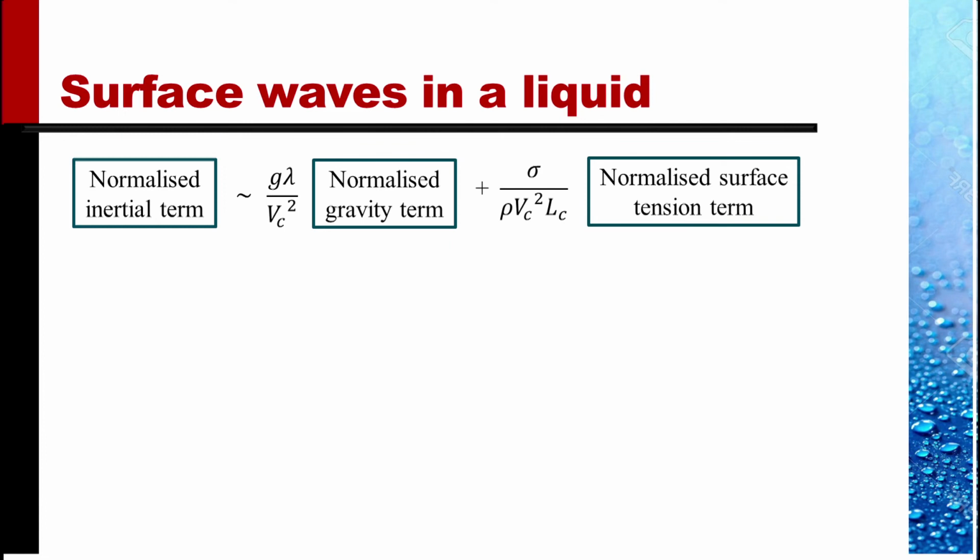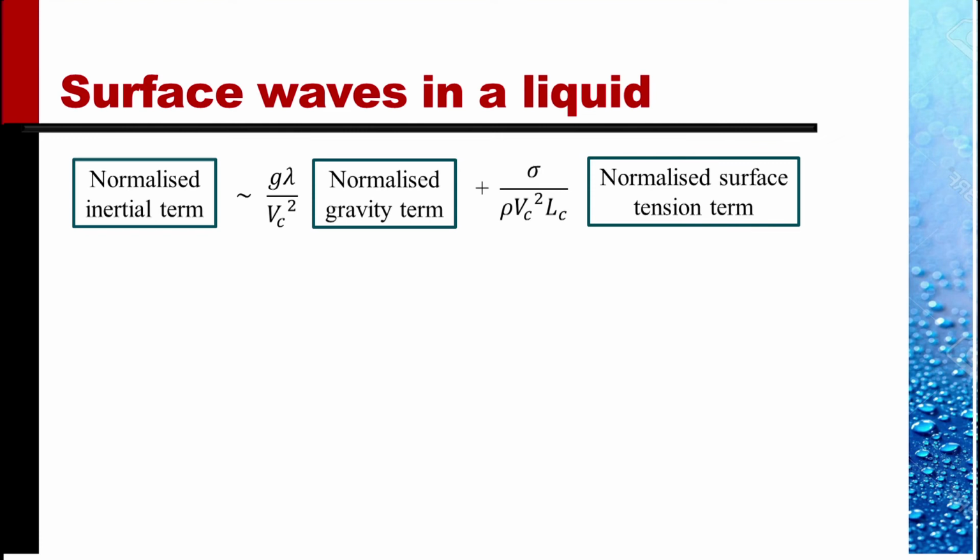Here again, the normalized inertial force would somehow balance gravity force and the surface tension force. So the equation that we write for the phenomena would have a term inertial force on the left hand side, normalized. Then on the right hand side, we have normalized gravity force and the normalized surface tension force.